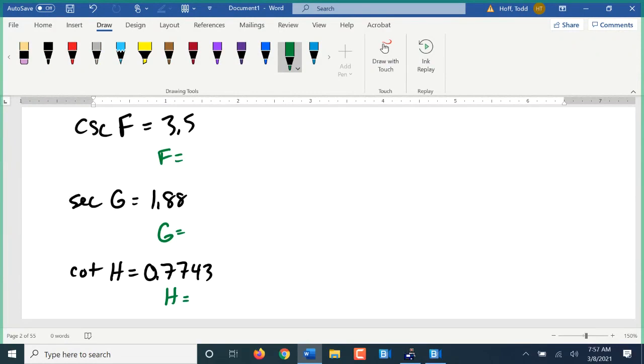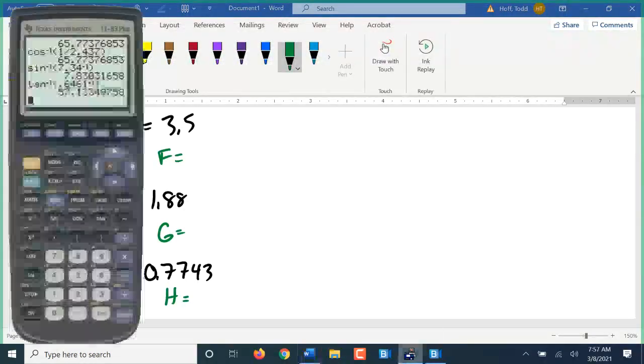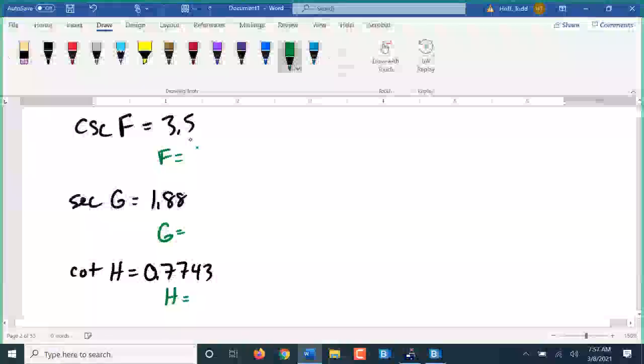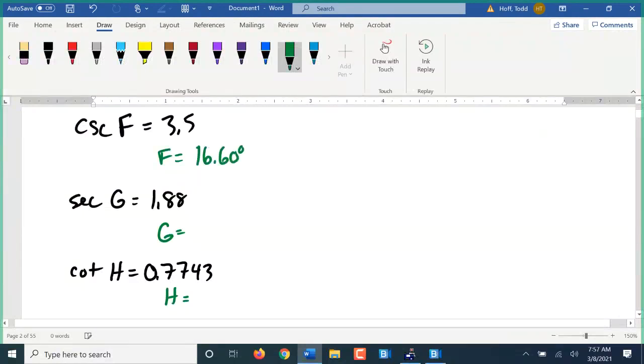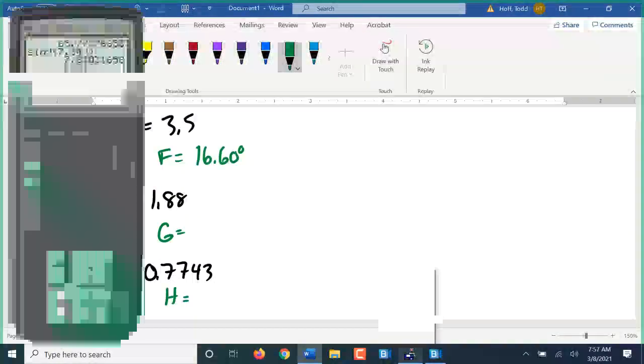So for F, cosecant, of course, goes with the sine, so it's the inverse sine of 3.5, do the reciprocal inside the parentheses, 16.60 degrees. For G, secant goes with cosine.